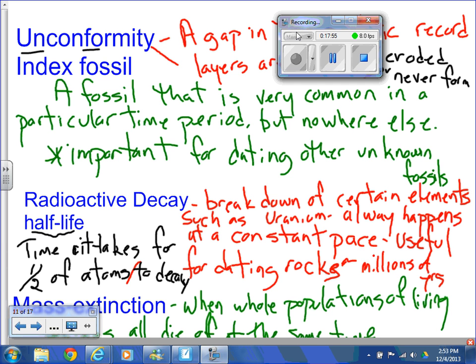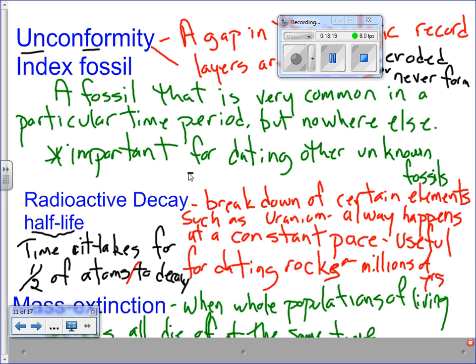Different types of dinosaurs, because we know that dinosaurs went extinct about 65 million years ago. So if you find fossils that are right next to the T-Rex, you know roughly how old they are because that fossil tells you something. Okay, so it's important for dating other unknown fossils.